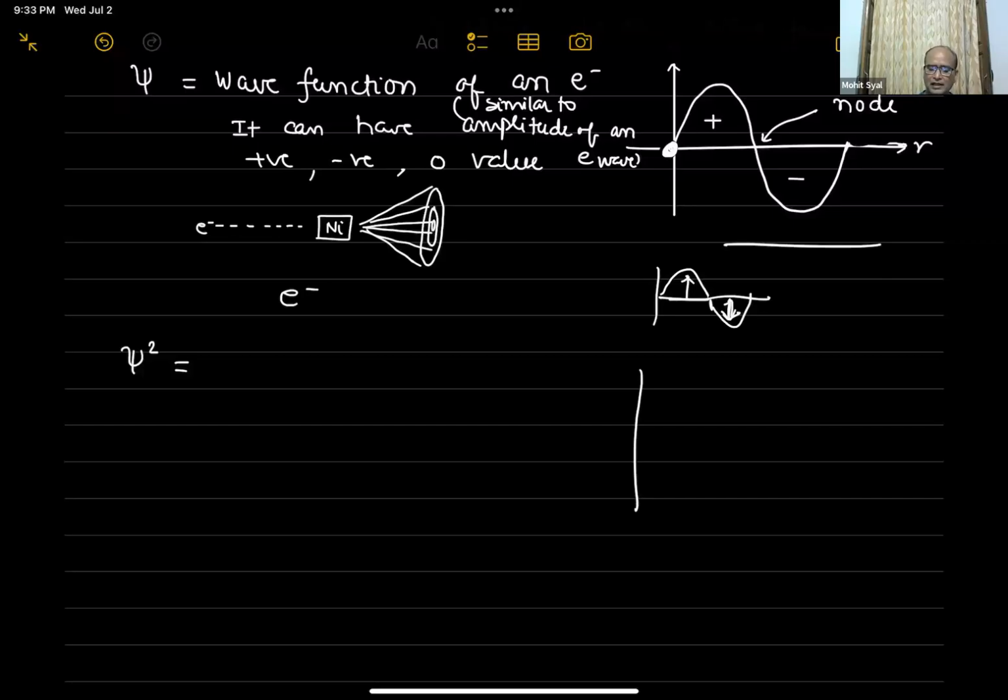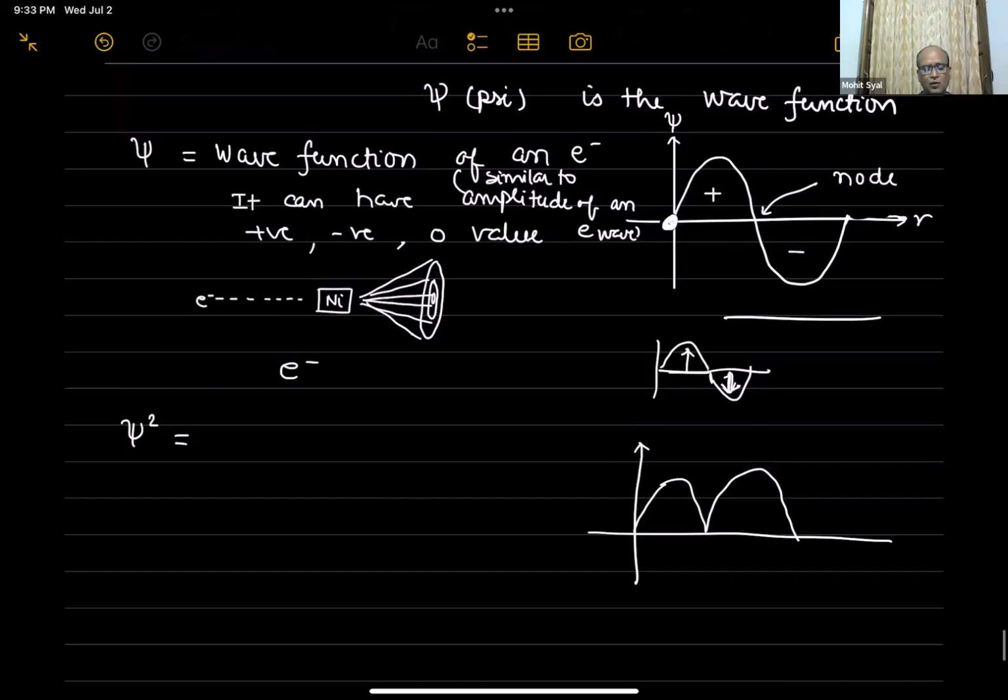These are not the actual graphs. Psi square will have a positive value. It is just like the square of the amplitude. It will have just positive value or zero value.